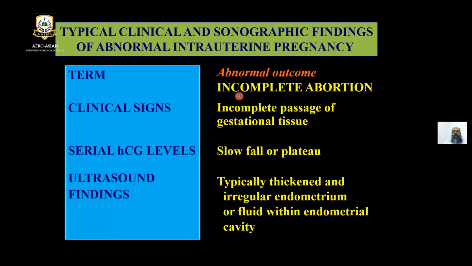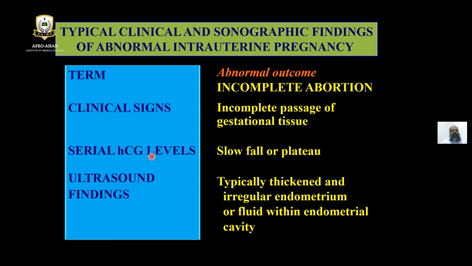So in incomplete abortion, incomplete passage of gestational tissues, we can see that there will be some of the particles, some of the pieces, or some of the contents of gestation will be there, and we can see empty sac, irregular sac, or some RPOCs, retained pieces of conception inside.